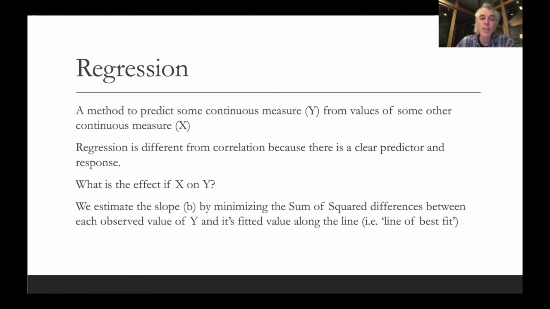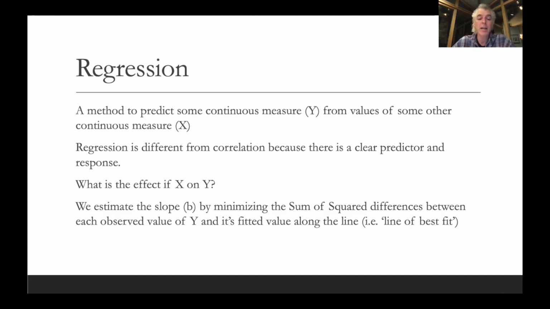So a regression represents a method used to predict some continuous measure from values of some other continuous measure. A regression is different from a correlation because in a regression, there is a clear predictor, x, and a clear response, y. So we're really asking, what is the effect of x on y?